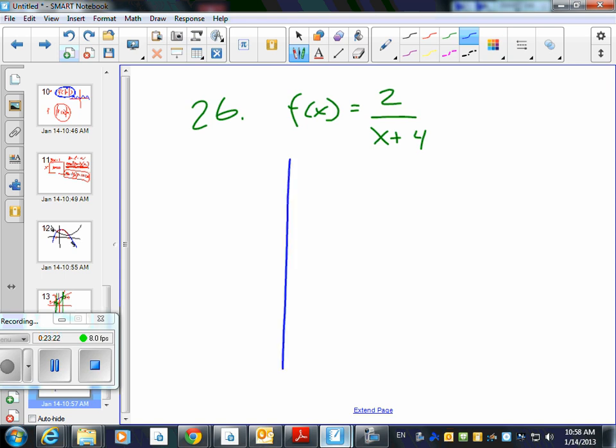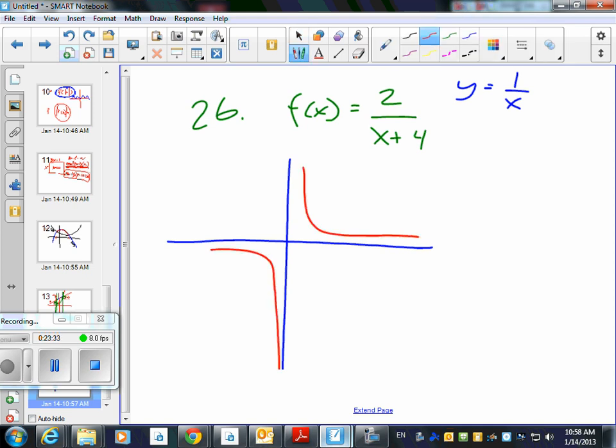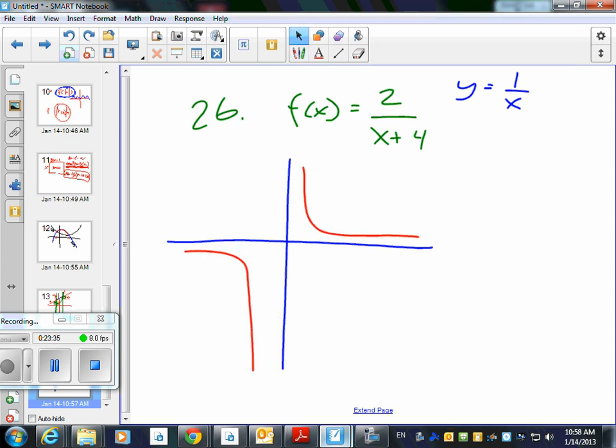Well, first of all, I got to know what the picture looks like. So first of all, it's a butterfly shape because the base of it is 1 over x. So it basically looks kind of like this, except it's been moved 4 to the left, and it's been stretched, which you'd never even be able to tell. So I'm not going to worry about stretching. All right, so basically it looks like that.